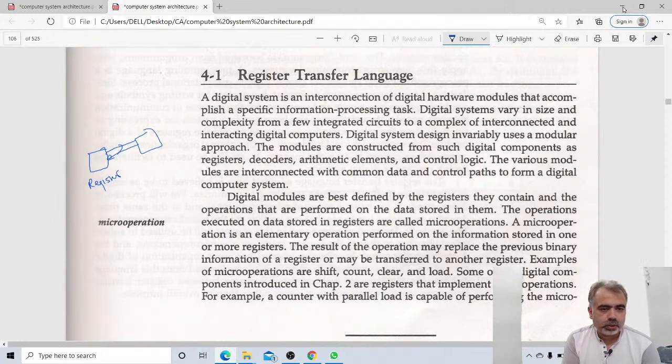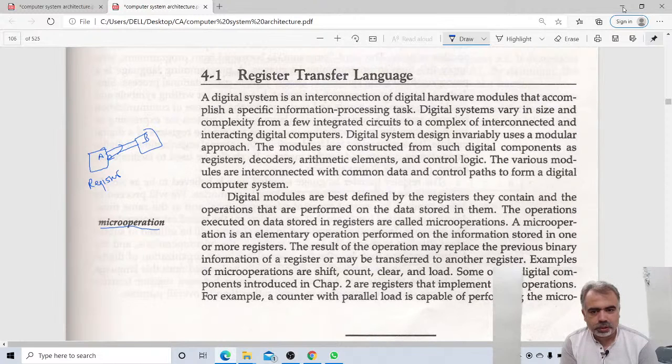But this does not happen like this, that I am showing here a line and transferring the data from A to B. It is not like that. It is basically done with the help of certain small instructions. Those instructions are what we call micro operations.